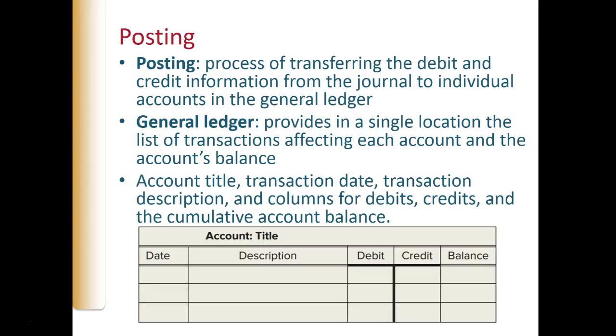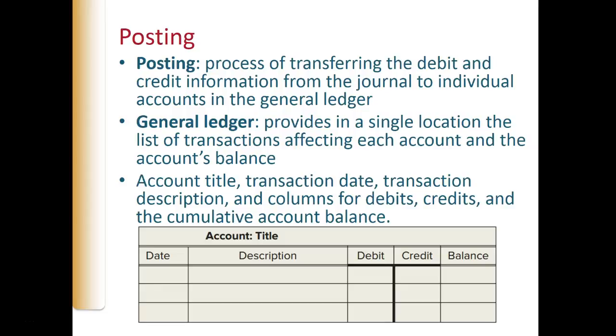Posting is the process of transferring the debit and credit information from the journal to individual accounts in the general ledger. The general ledger is oftentimes software, but it's a place that provides a single location, the list of transactions affecting each account and the account's balance.